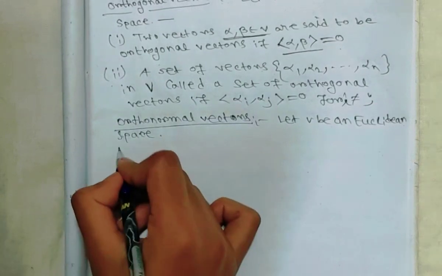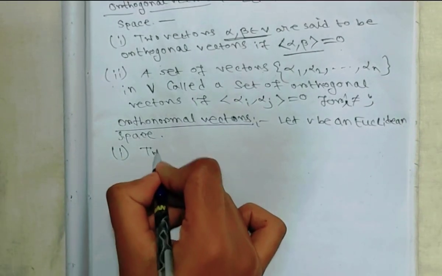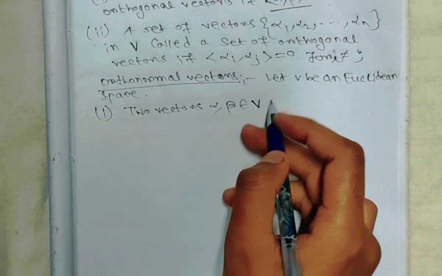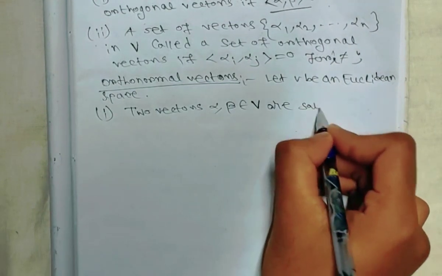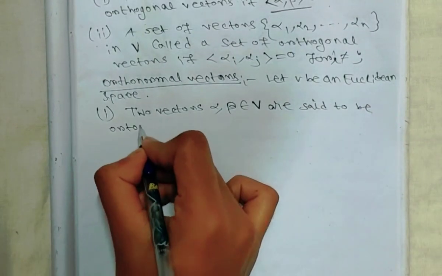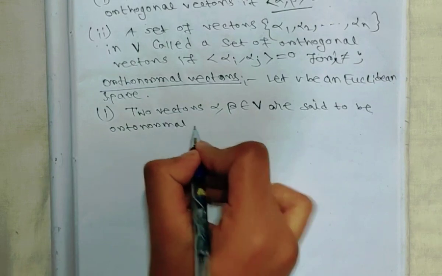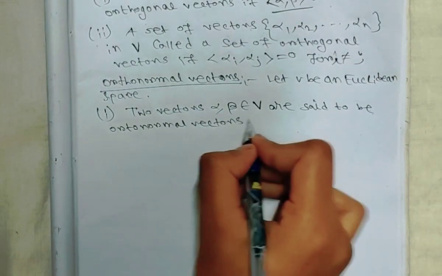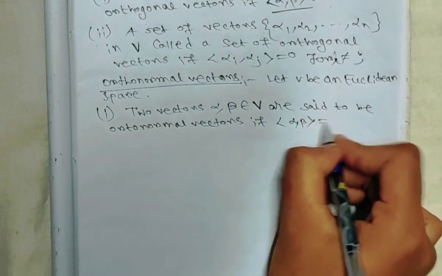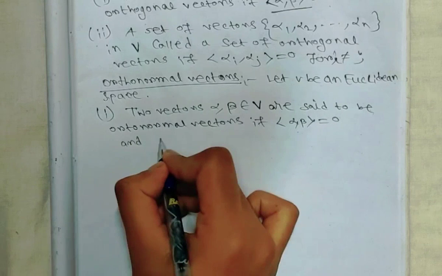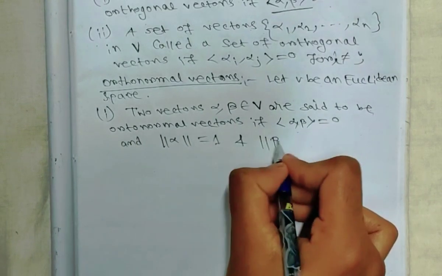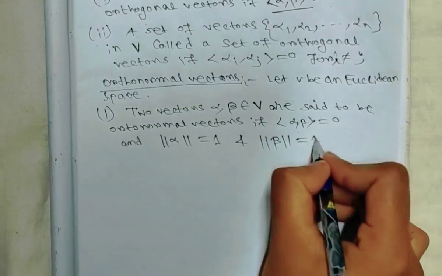Then, number one, two vectors alpha, beta belonging to Euclidean space V are said to be orthonormal vectors if the inner product of alpha, beta equals 0 and norm alpha equals 1 and norm beta equals 1.